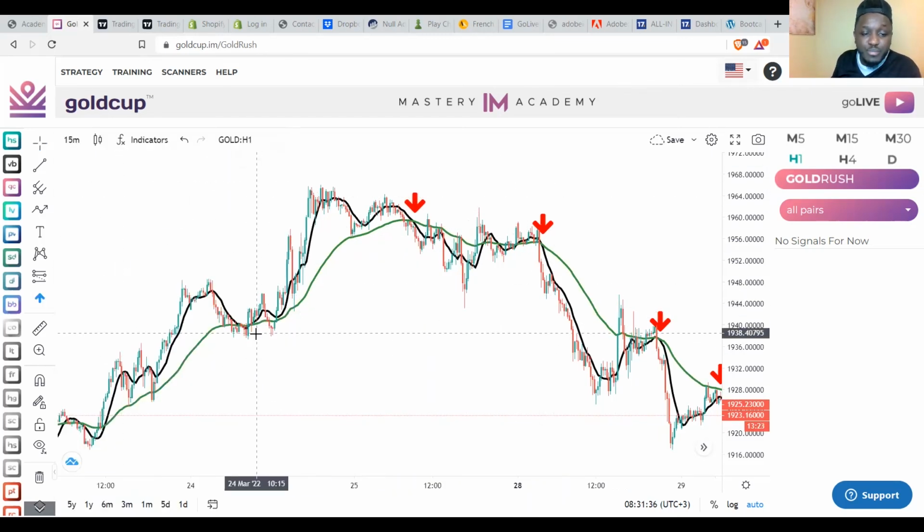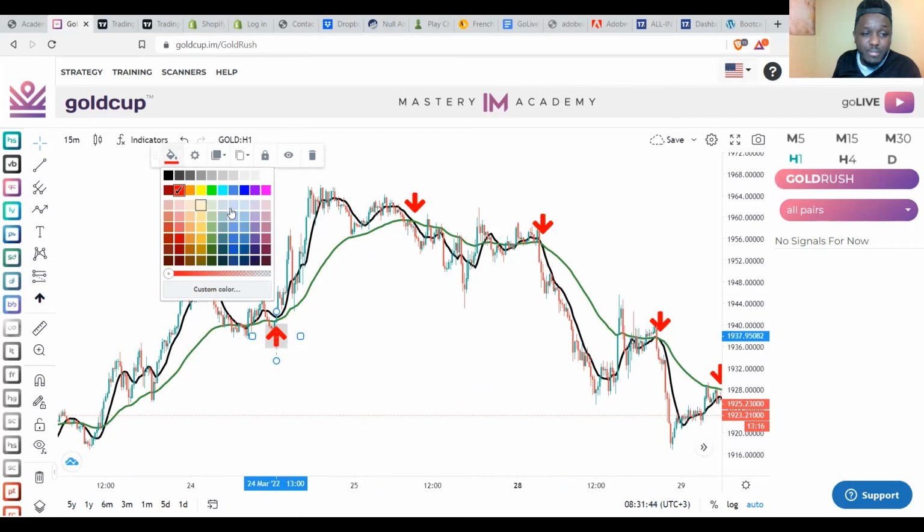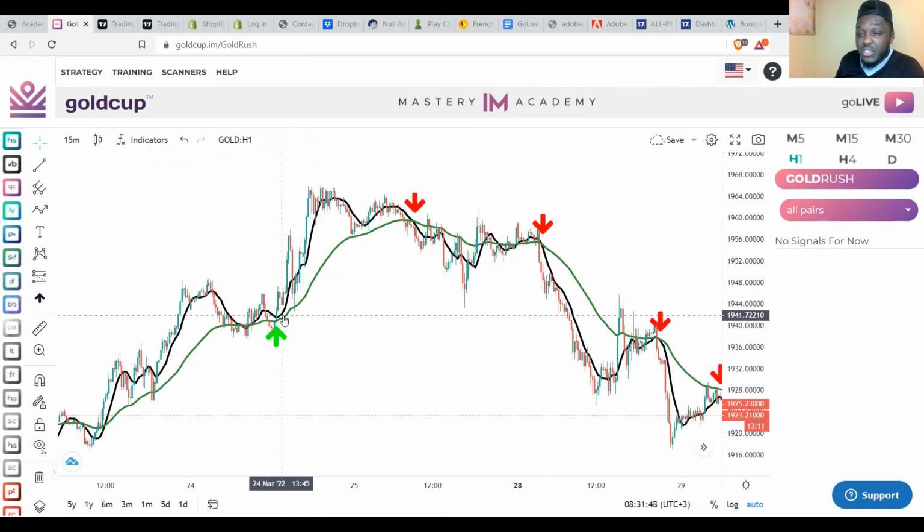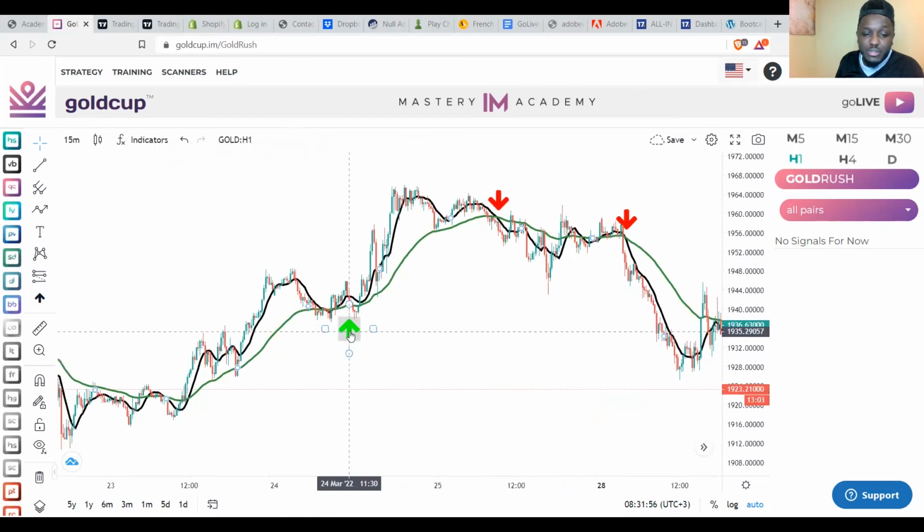Then you have your buy positions right here. Why is this a buy position? Simply because the black, which is the 9 moving average, has been rejected above the 50 moving average.